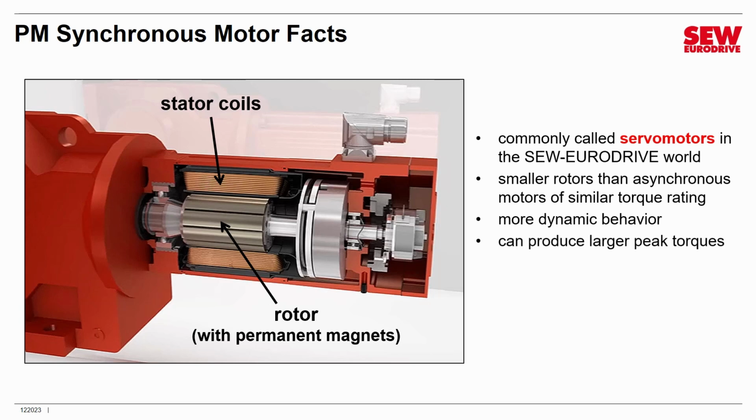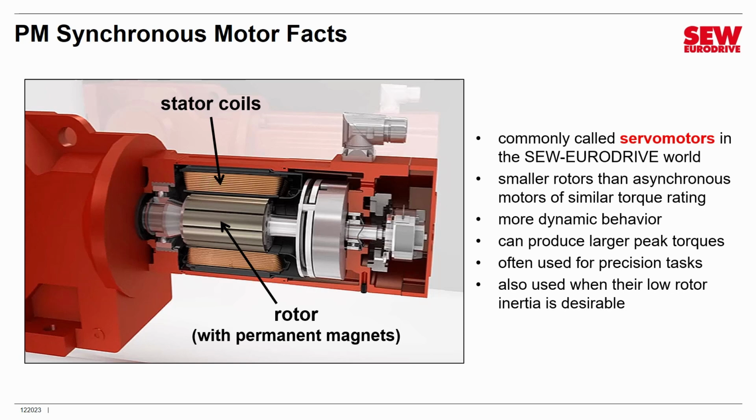They can usually produce larger peak torques, and they're often used for precision tasks. You will frequently see servomotors in things like robots and CNC machines or precision packaging machines. However, they can be used just as a general motor when their low rotor inertia is desirable. Because their rotor has a lower mass, it has lower inertia, and that is useful in some applications.